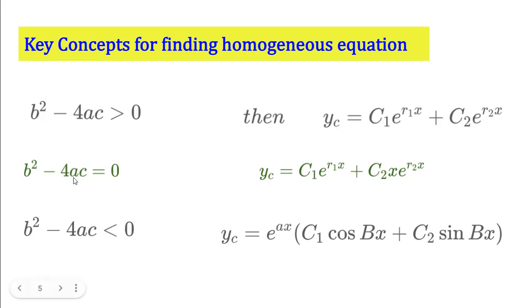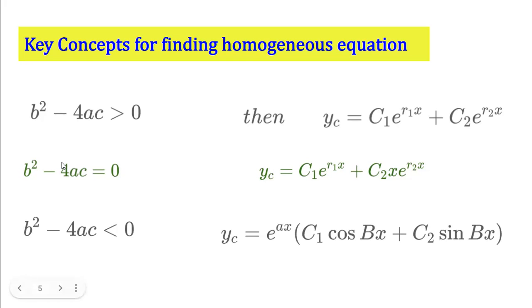But if b squared minus 4ac is equal to 0, it means that we will only get one answer if we do our factoring from our characteristic or homogeneous differential equation. So we'll only be left with one value.